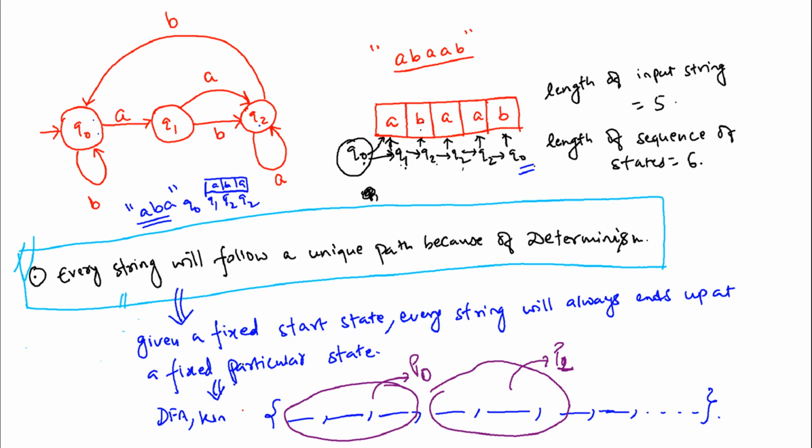Similarly, P1 consists of all those strings which, when fed to the finite automata, will always end up at Q1. And let's say the P2 partition contains all those strings that will end up at Q2 if these strings are fed to the finite automata.